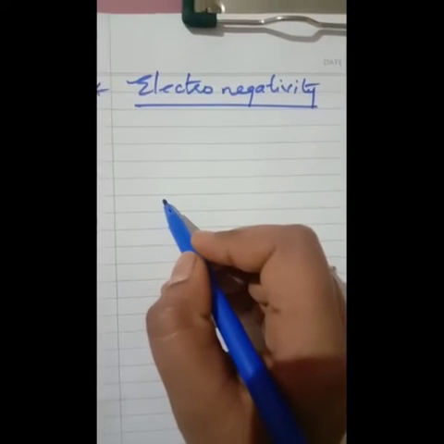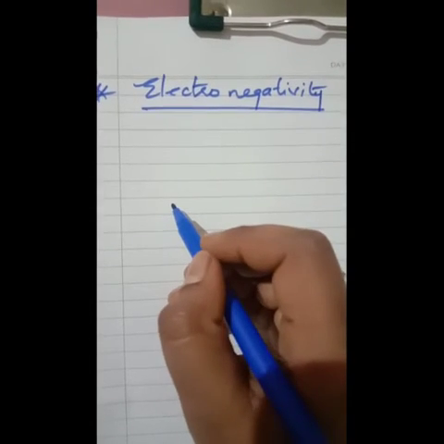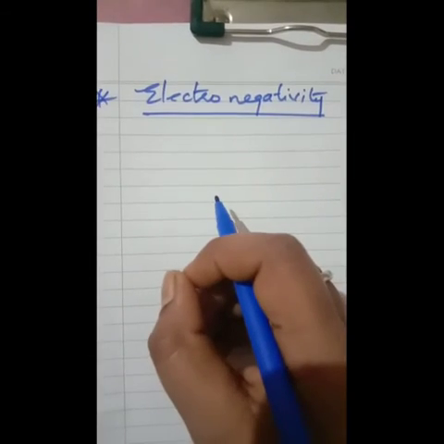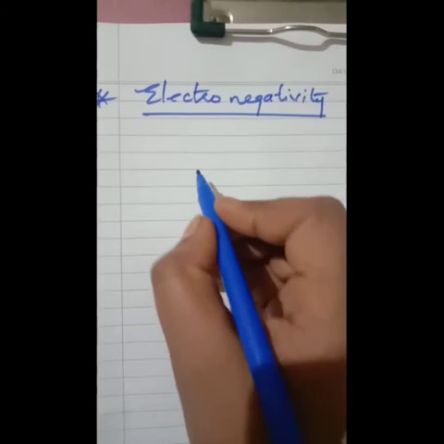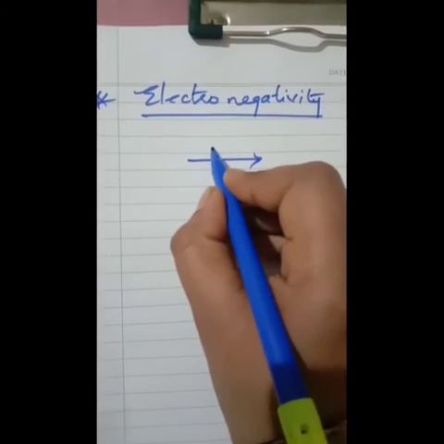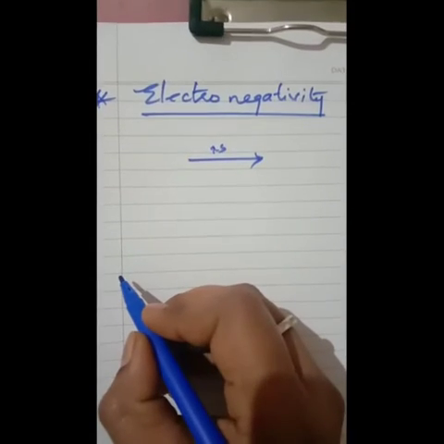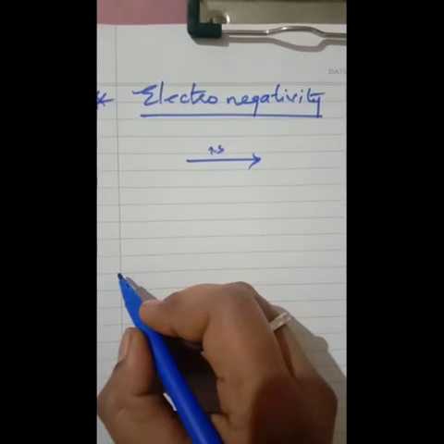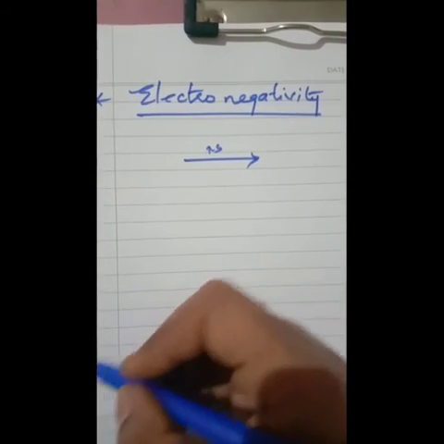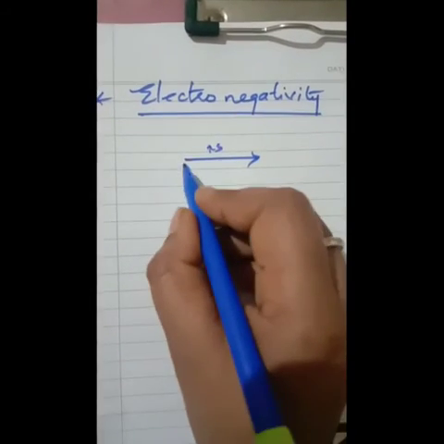What happens? As the effective nuclear charge acting on the valence shell electrons increases across the period, the tendency to lose electrons decreases down the group.